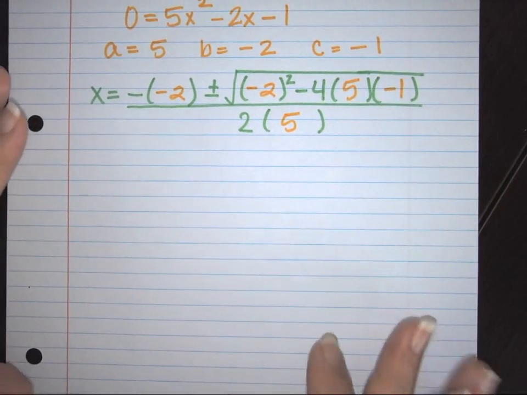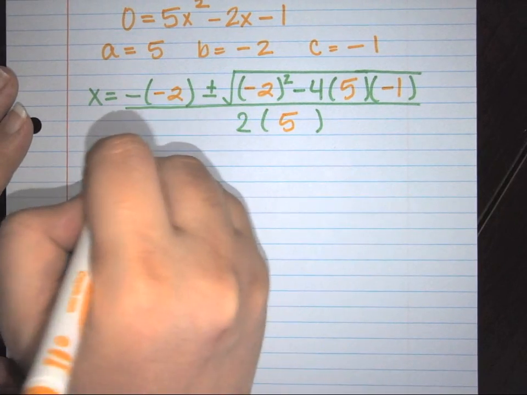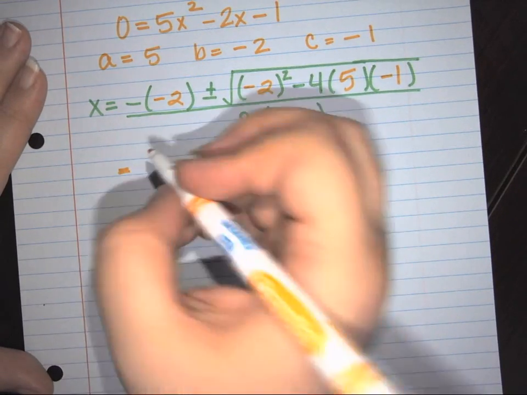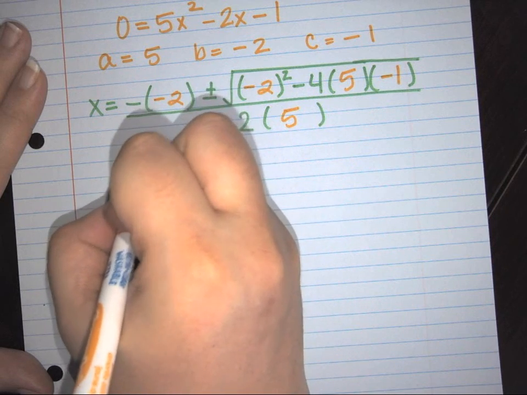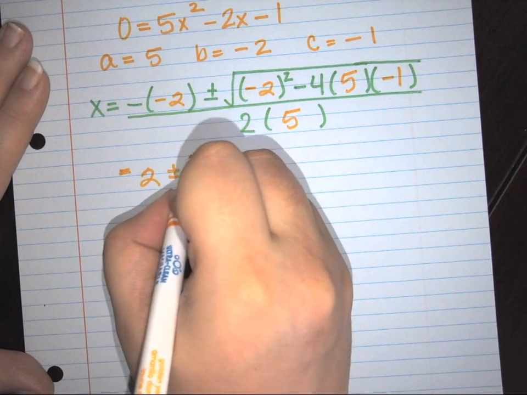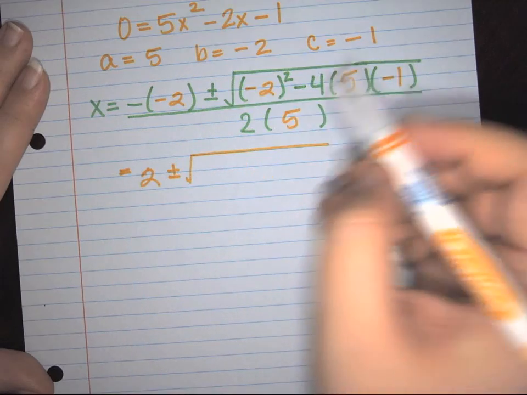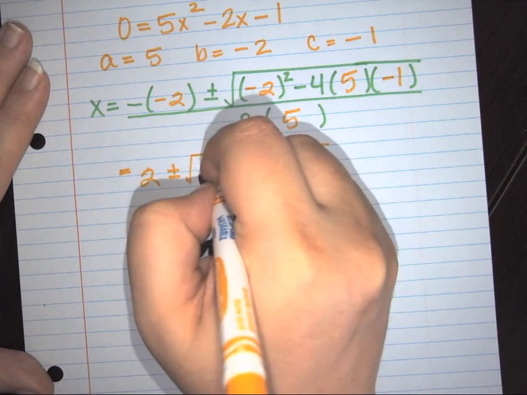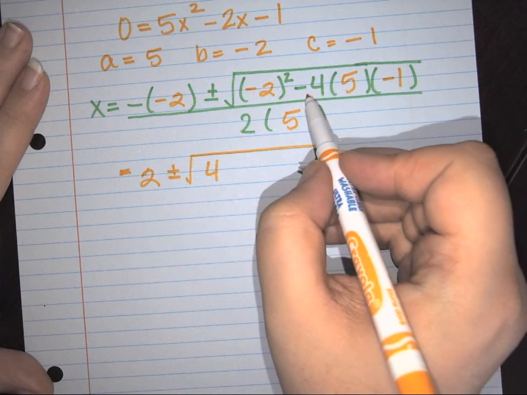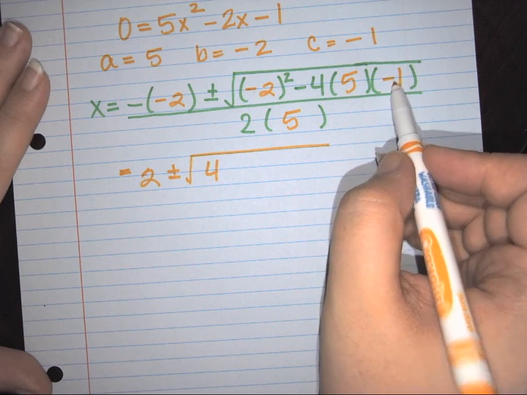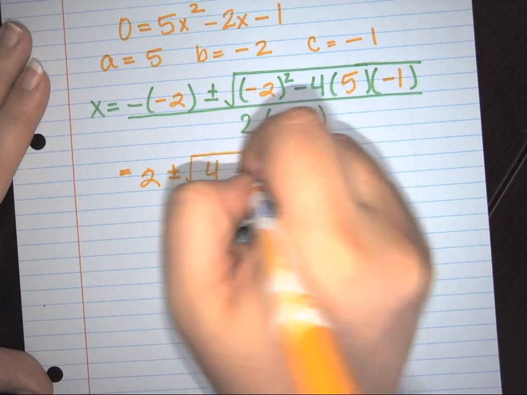So now we have to reduce. So let's go ahead and look at this reduction. I have negative of a negative 2 is going to come out as a positive, plus or minus. And now let's look at the radical here. Negative 2 squared is going to be a 4. Negative 4 times 5 times a negative 1 is going to be a positive.